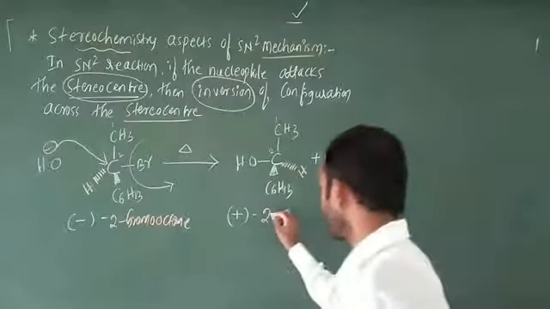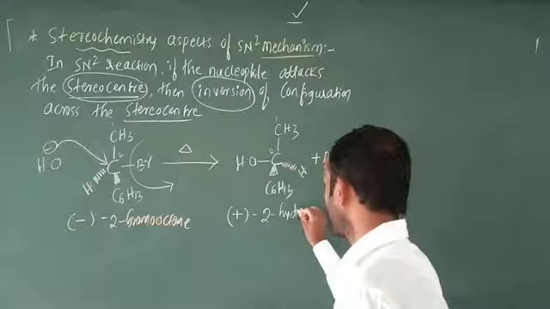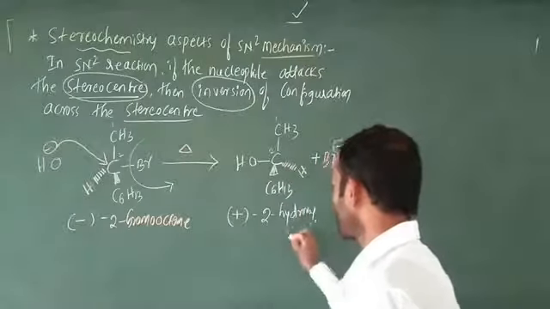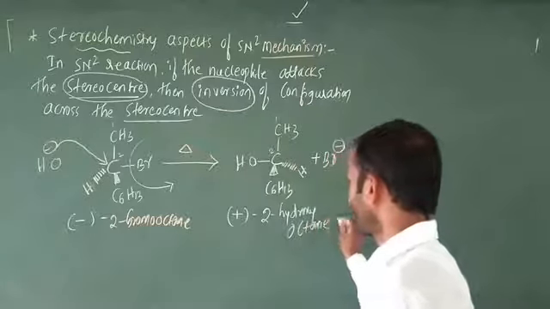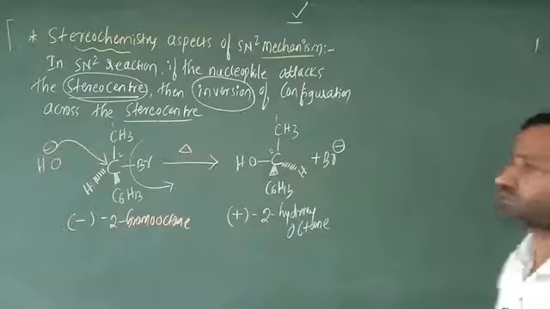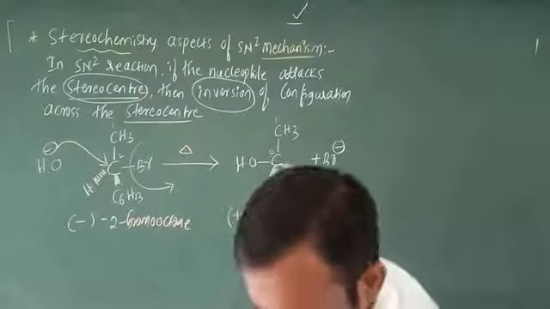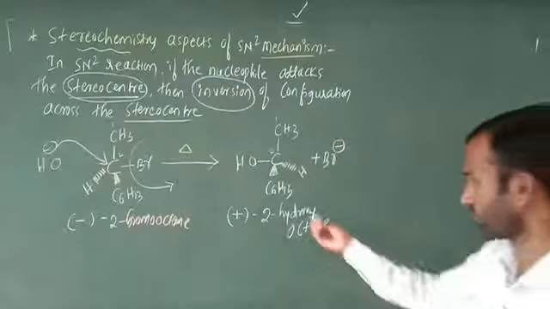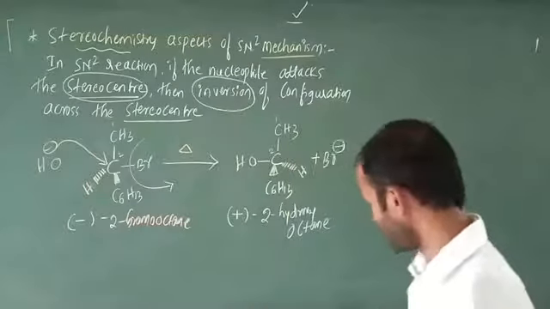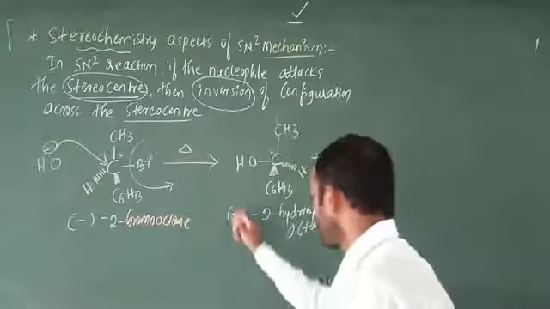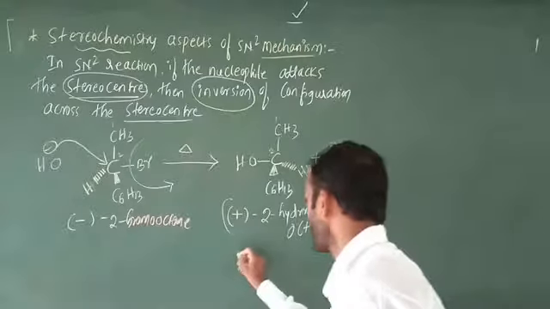If you want you can write 2-hydroxy-octane, one thing. Otherwise, another important name is 2-octanol, or 2-hydroxyoctane if you want. Otherwise, if you want the exact IUPAC nomenclature, take it in brackets, no problem, and you have to write positive.